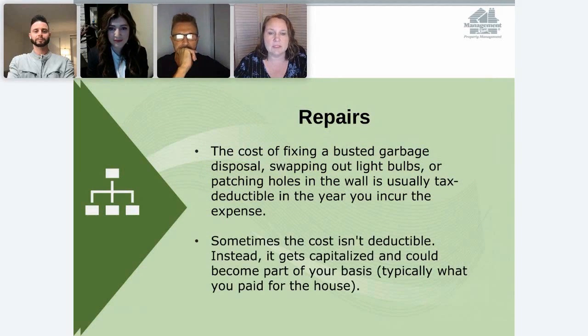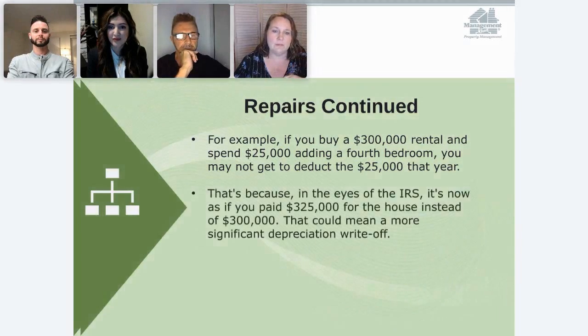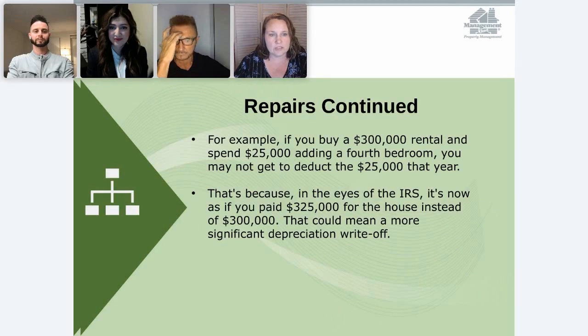And sometimes it's not an actual deduction, it gets capitalized into your property. Something like that would be if you bought a $300,000 rental property and wanted to add a fourth bedroom. That may not count as your standard deductible; it may get added to the base of your home. Ron, do you want to expand on this a little bit, how that works?